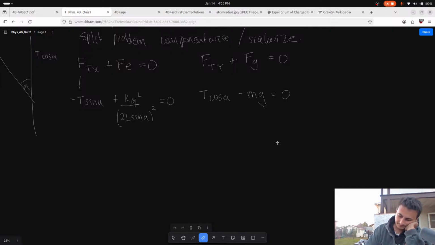And then just remember the small angle approximation. Small angle approximation is sine A equals A, cos A equals 1. So therefore, tan A equals A.